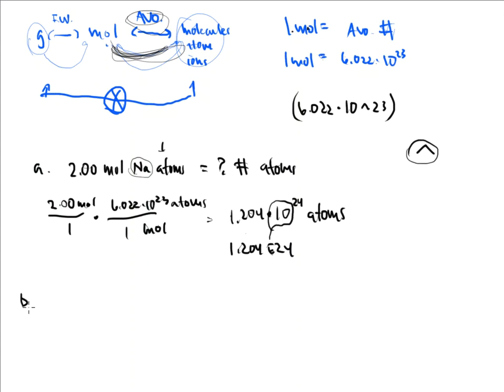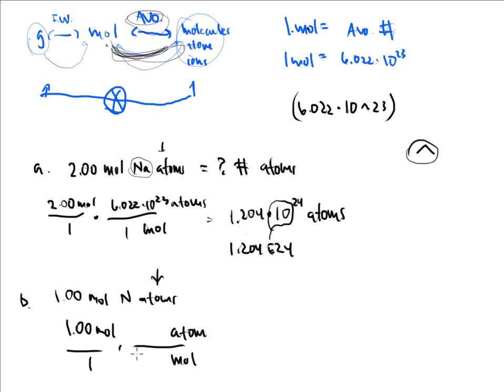All right, so let's do another one. We're going to go to our second example, and it's going to be similar. 1 mole of N atoms. All right, so I take my given, 1 mole over 1, mole on top, mole on the bottom, and I need to calculate the actual number that I have.